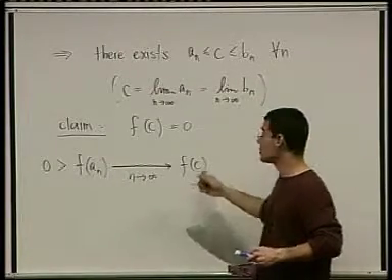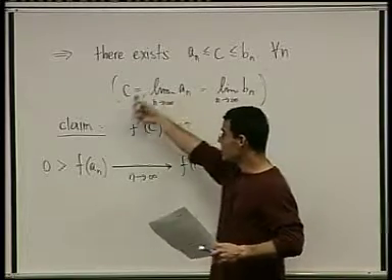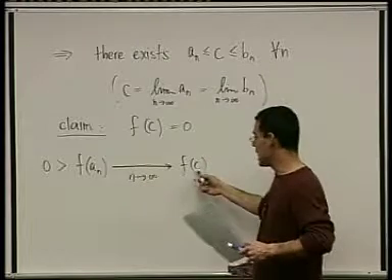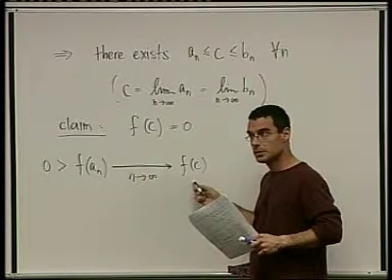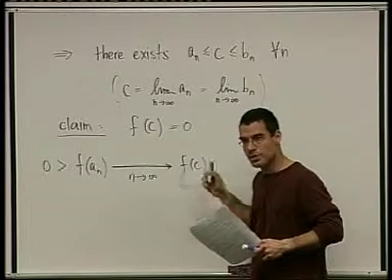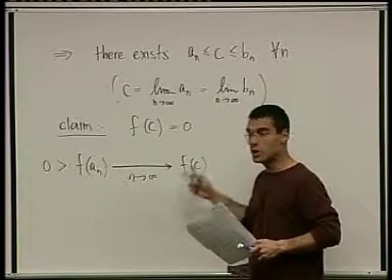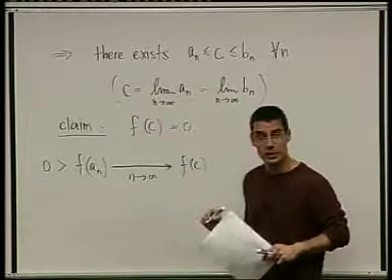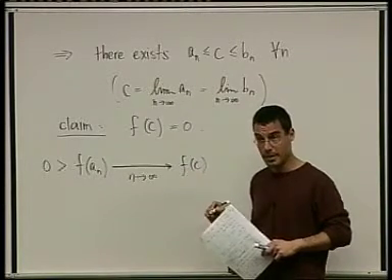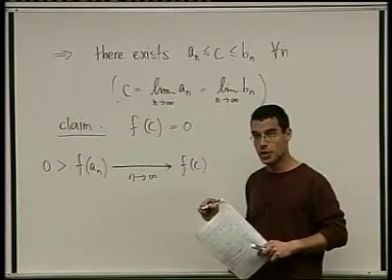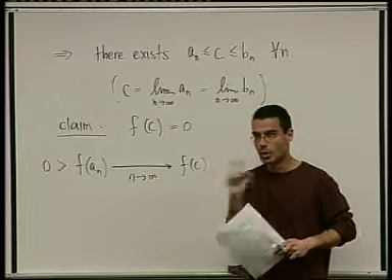The statement is this: a_n goes to c, therefore f of a_n goes to f of c. This is precisely the definition of continuity. It was the second equivalent definition last time. Remember?